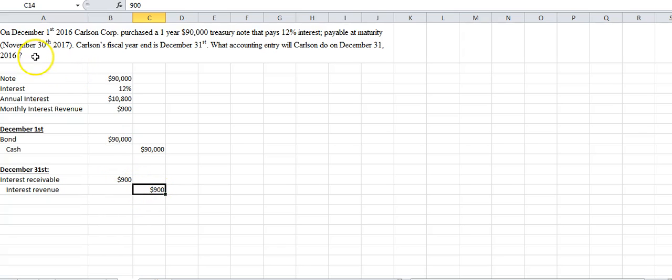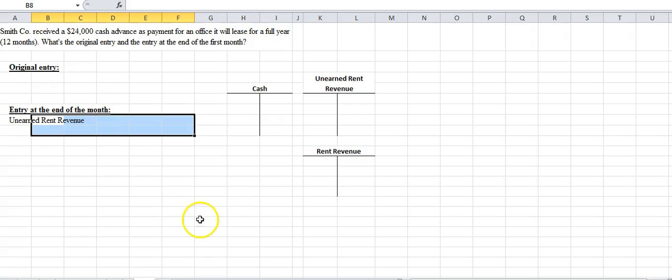Once November 30th comes by, you will receive your cash back, and you will go ahead and close the interest receivable over here. Okay, so that one is quite simple as well, and if you don't understand it, just ask me in class. Let's do the last one.